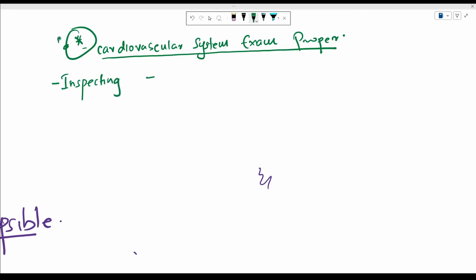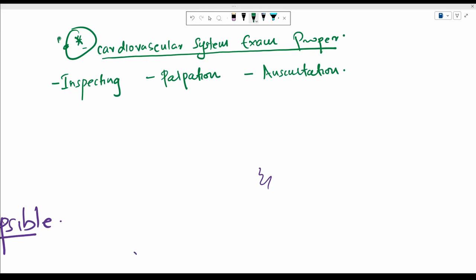Then you go for palpation. And then you don't go for percussion. You don't do percussion in the cardiovascular system. It's not relevant. And then the most important thing is the auscultation. So inspection, palpation, and auscultation, right?